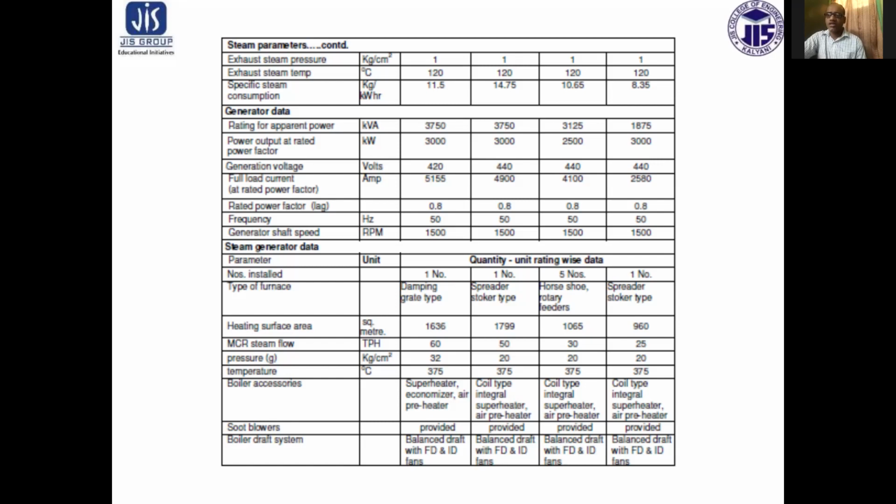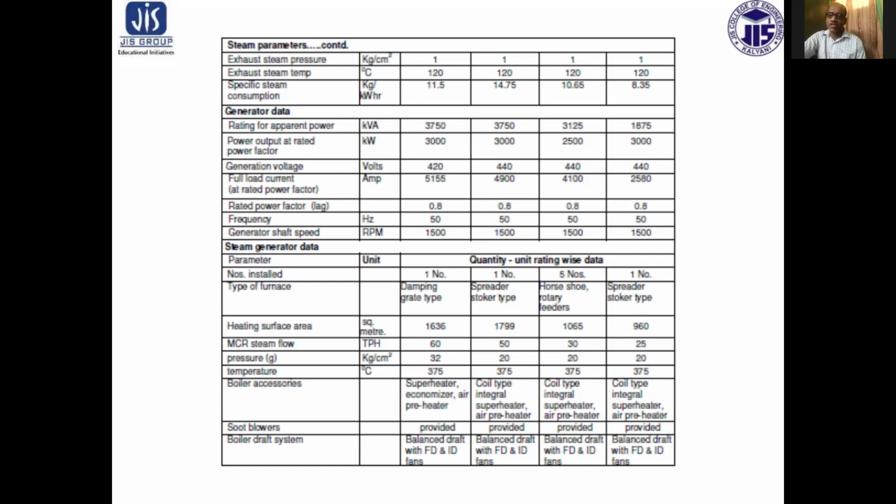Looking at the steam generation data, the heating surface area differs slightly, depending on the type of boiler. In the first boiler it is 1636, varying down to 960 square meter, and the pressures also vary, that is 32 kg per centimeter square and 20 kg per centimeter square respectively.